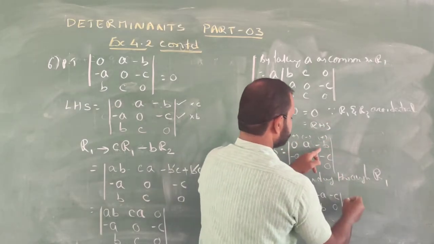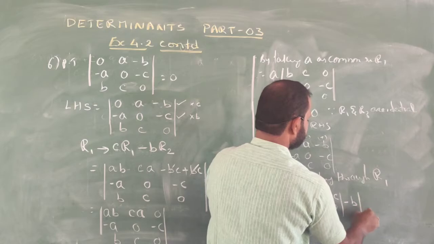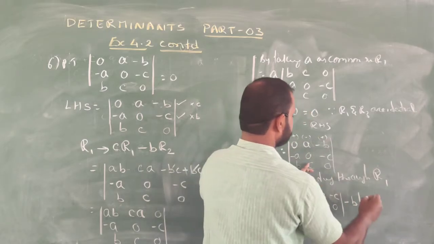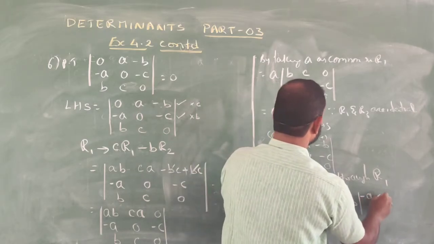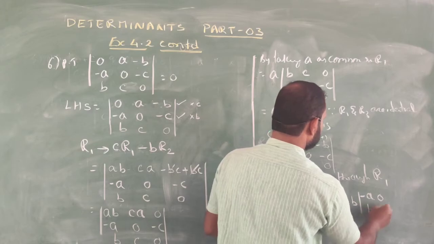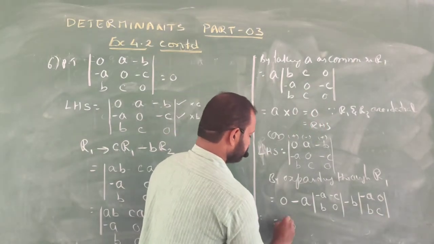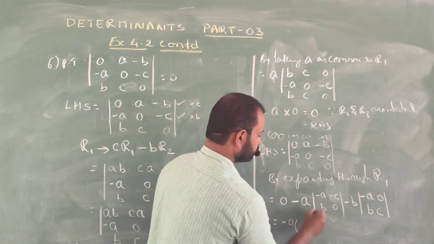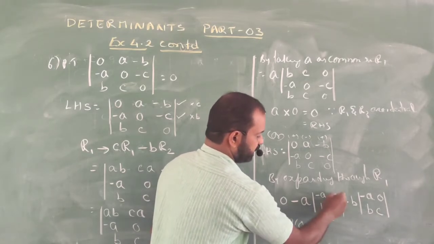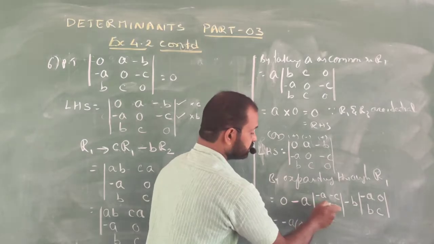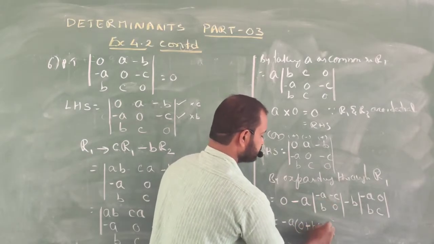Plus into minus, that is minus B into, by leaving the corresponding row and column, minus A, 0, B, C, which is equal to minus A into 0 minus BC plus BC.